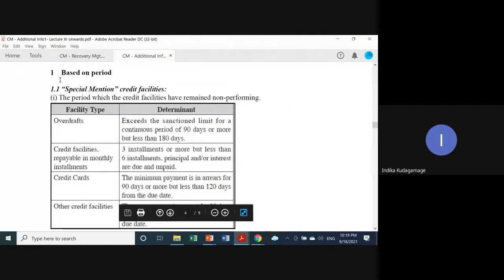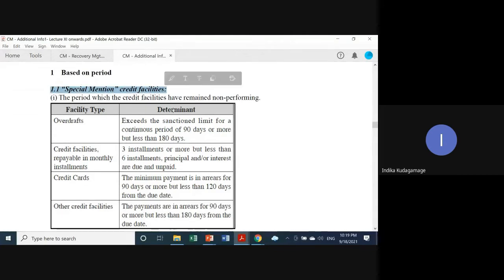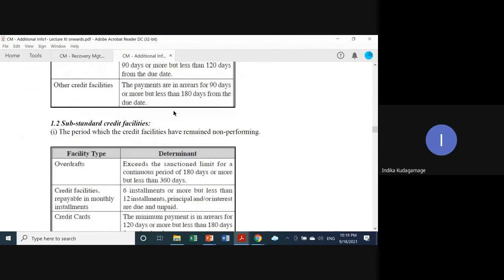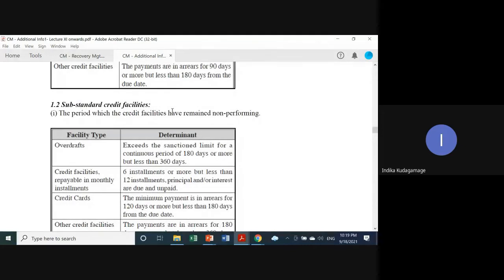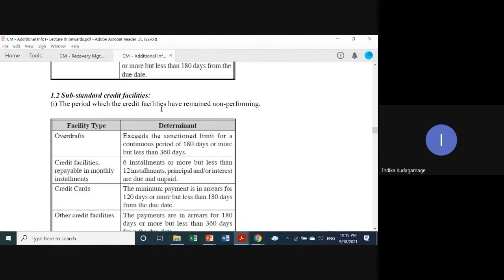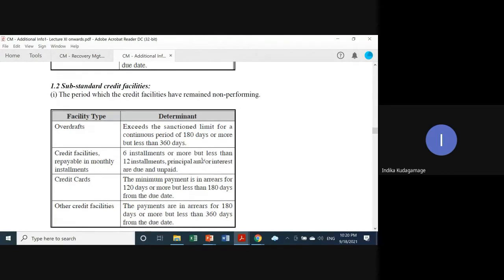So the first category under NPL is the specially mentioned category. Then we go to substandard. Substandard facilities are 180 days to 360 days, or 6 installments to 12 installments.